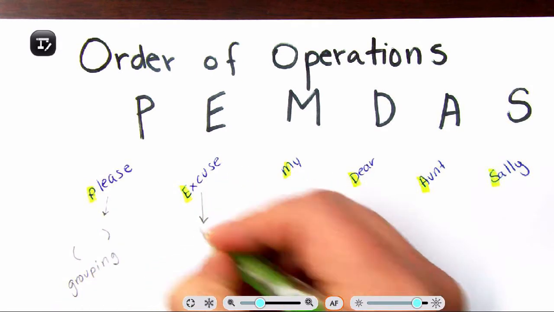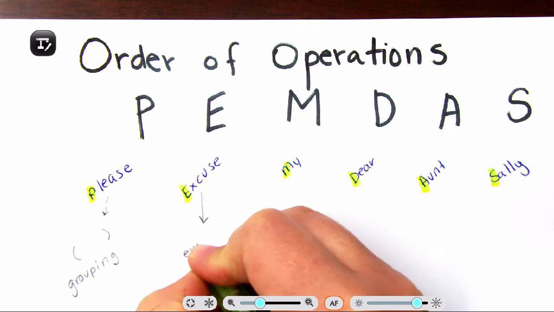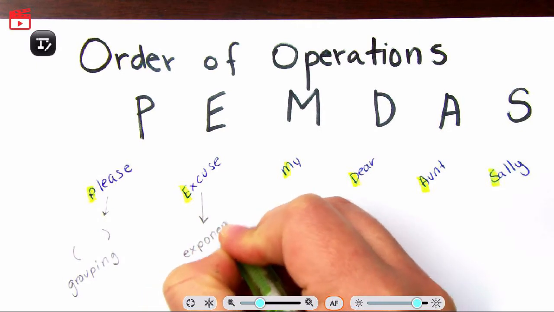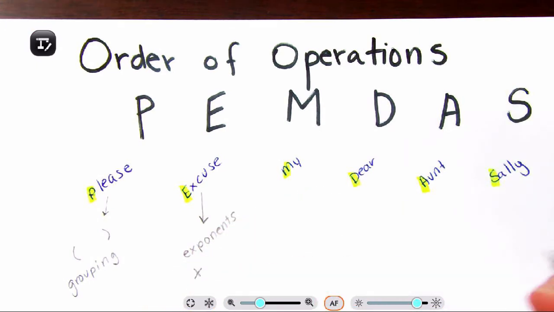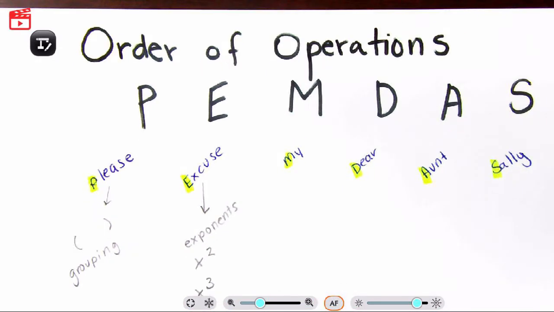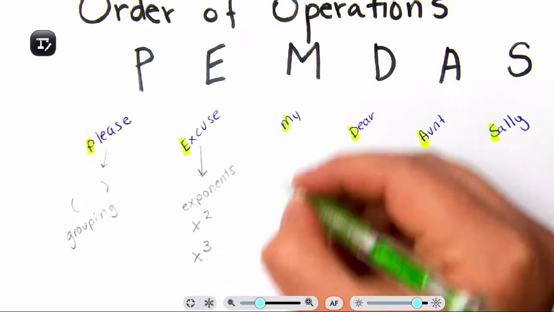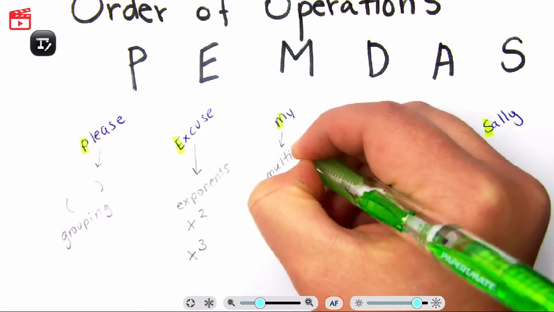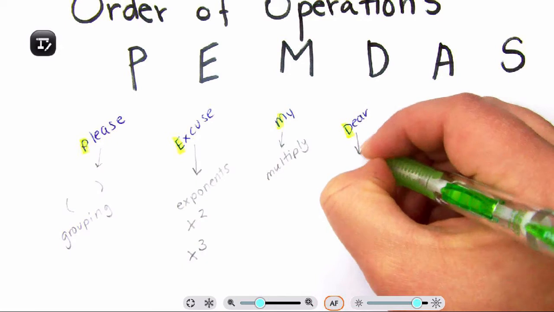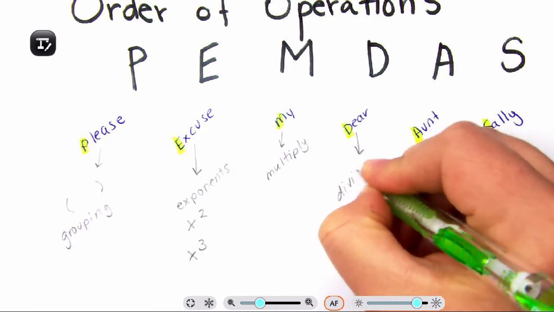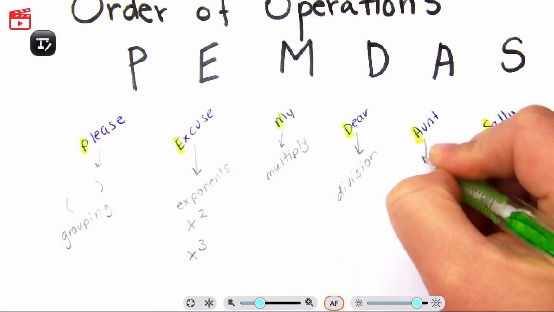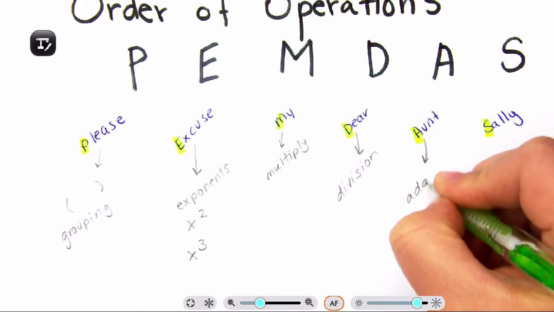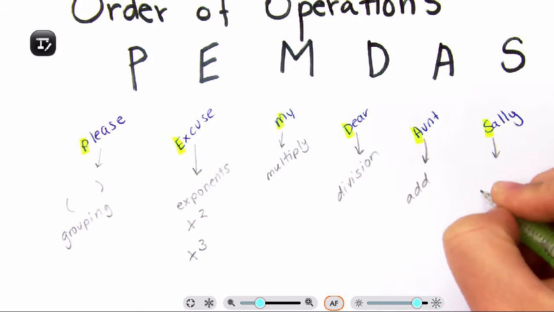For E, we have exponents, and that's things like x squared, x cubed. For M, we have multiplication. For D, we have division. For A, we have addition, and S is subtract.